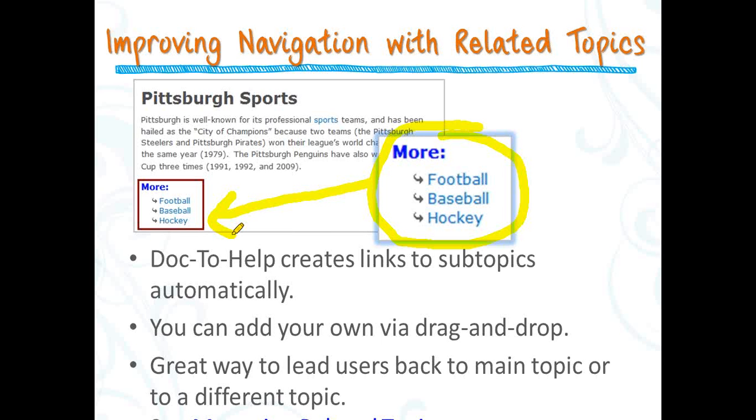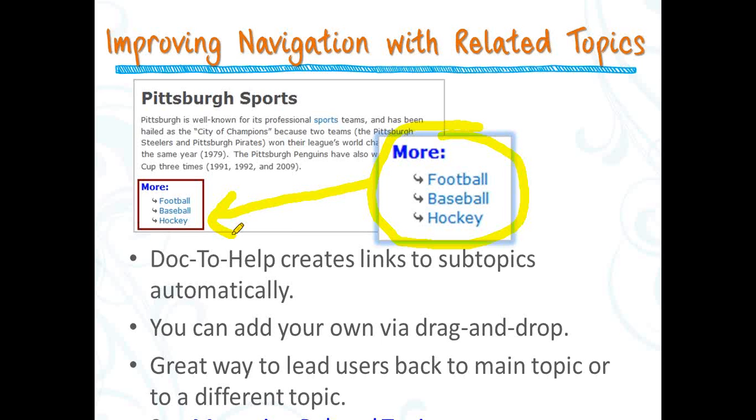Now you may wonder how DocToHelp does this. It uses heading styles. It does it automatically because it knows the heading style of Pittsburgh sports, and it knows that football, baseball, and hockey were nested underneath it. For example, Pittsburgh sports probably used a heading 1, and football, baseball, hockey heading 2. If you're not familiar with DocToHelp, I'll just mention that it also uses these heading styles to create your table of contents automatically.